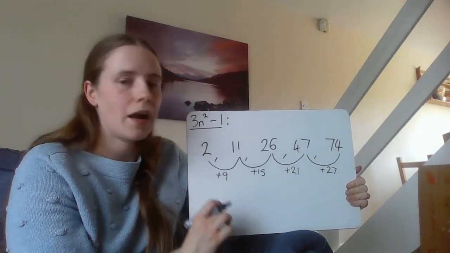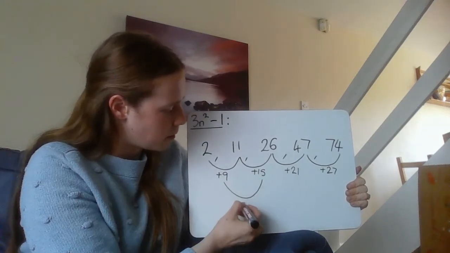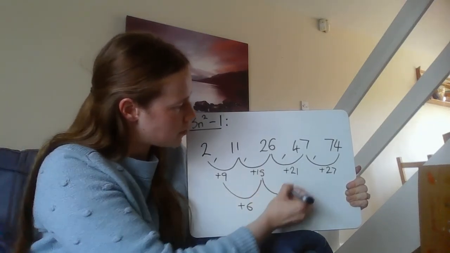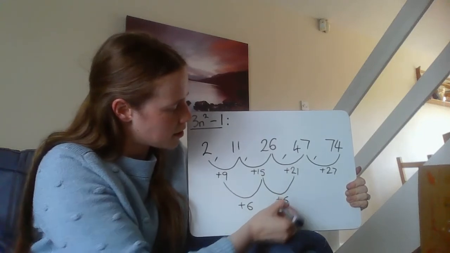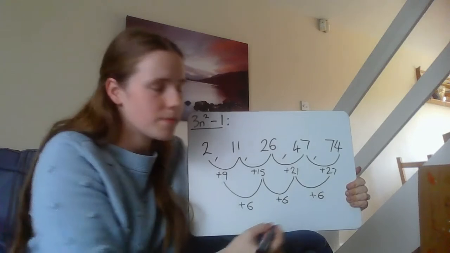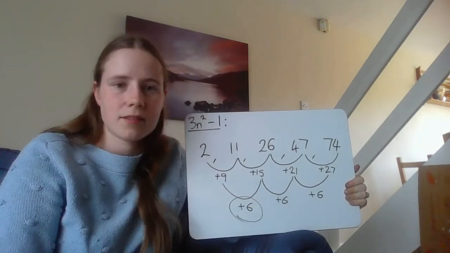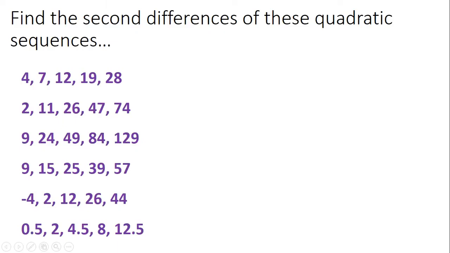I'm now going to work out the second difference. From 9 to 15 is plus 6. From 15 to 21 is plus 6. From 21 to 27 is plus 6. So the second difference is 6. Okay, so your turn now.